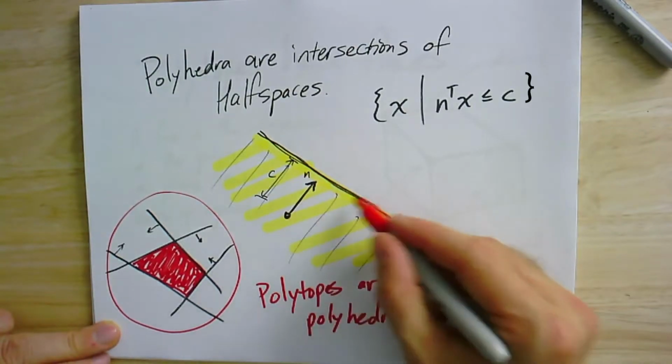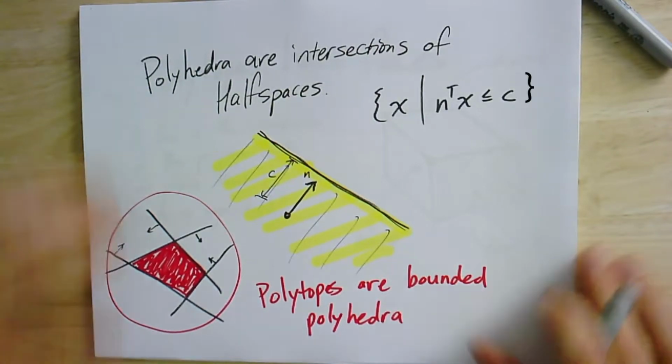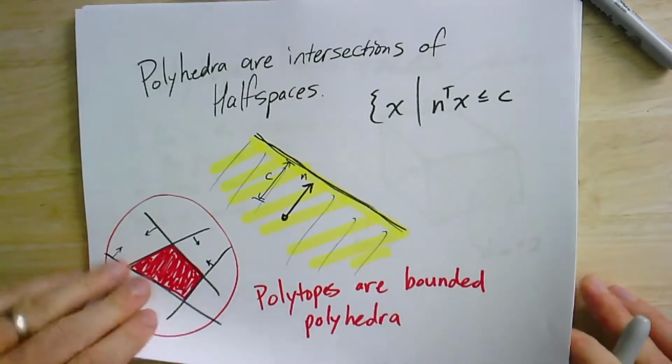If I only had one half space, it would not be bounded. If I only had two half spaces, it would still not be bounded, unless it was empty, I suppose. In the plane, you need at least 3 half spaces to be bounded. In 3D, you're going to need 4. And so polytopes are bounded polyhedra.